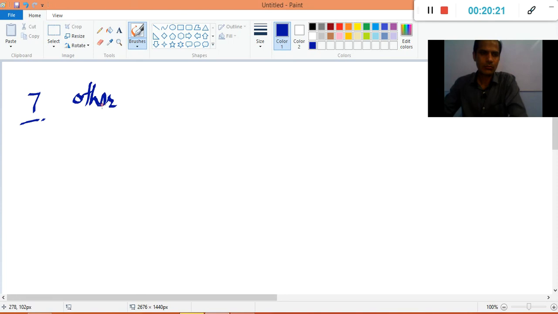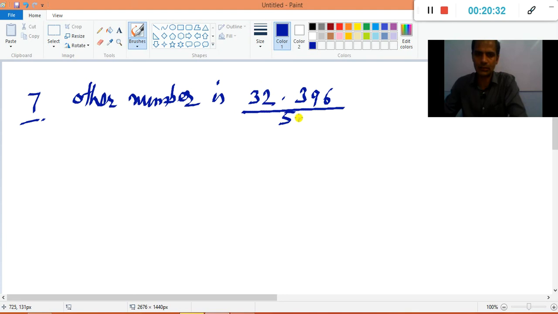So other number is, just write the numbers in the form of numerator and denominator. It is 5.2. As I explained you, if there is a decimal in denominator, multiply by 10 or 100 according to the number of decimal places. यहाँ पर डेसिमल के बाद में ओनली 1 डिजिट है, तो हम इसको 10 से मल्टीप्लाई डिवाइड करेंगे. In this way, denominator becomes 52 and numerator becomes 323.96.